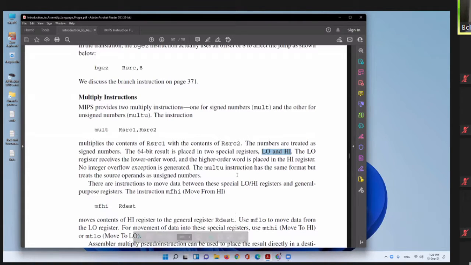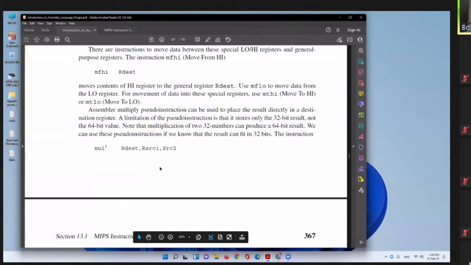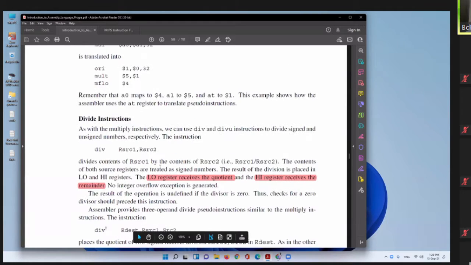If you understand the multiplication, you should also understand the division. So div, source 1, source 2, and we know that it is source 1 divided by source 2. Now the question is, how many results do we have after division? 2. And those are quotient and remainder, right? Correct.